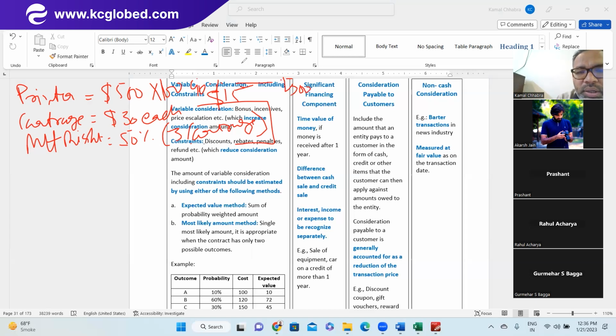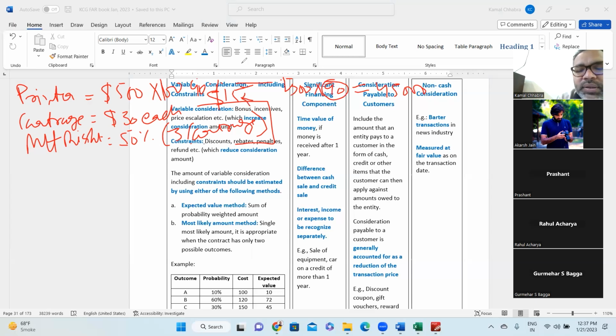500 multiplied by 90. How much is it? 45,000. Right? And those 90 people who are availing the benefit of 15, that means 90 multiplied by 15 into 3 times they are getting benefit. 45, this much discount they are getting.